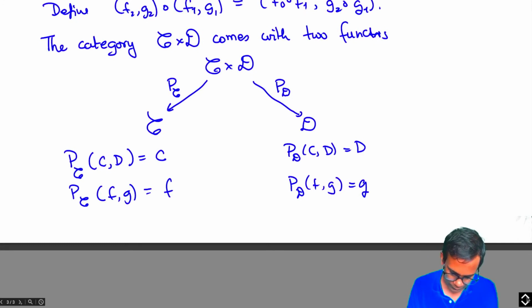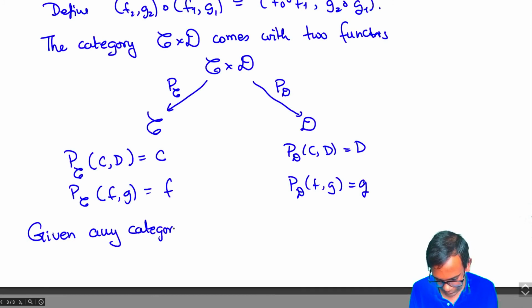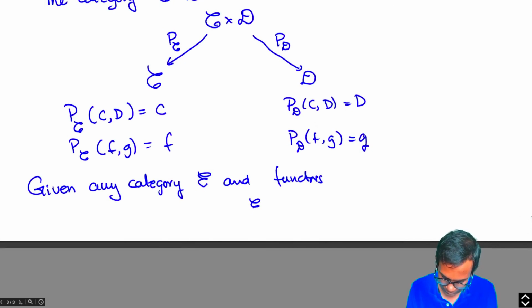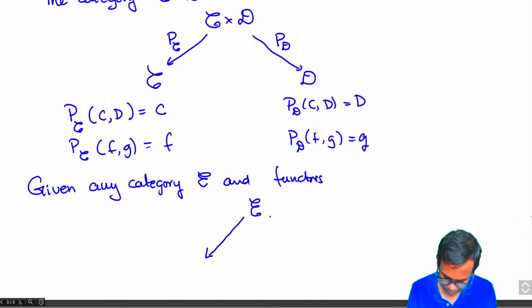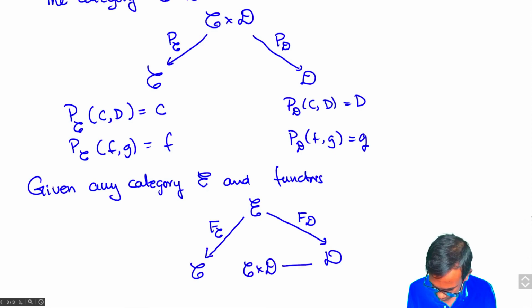So given any category E and functors, suppose we have two functors, let's say F_C and F_D to C and D. Then we also have this C cross D over here, and we have functors P_D and P_C.